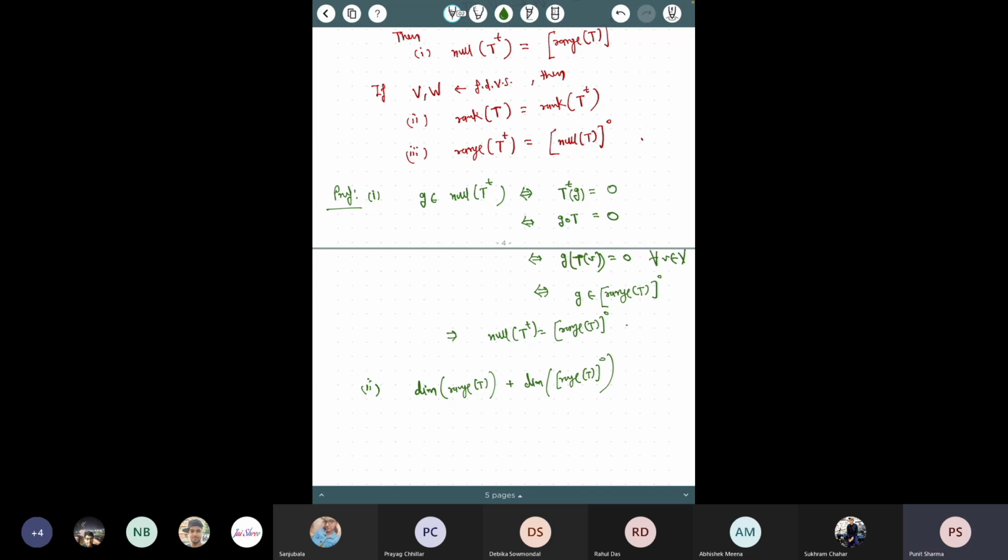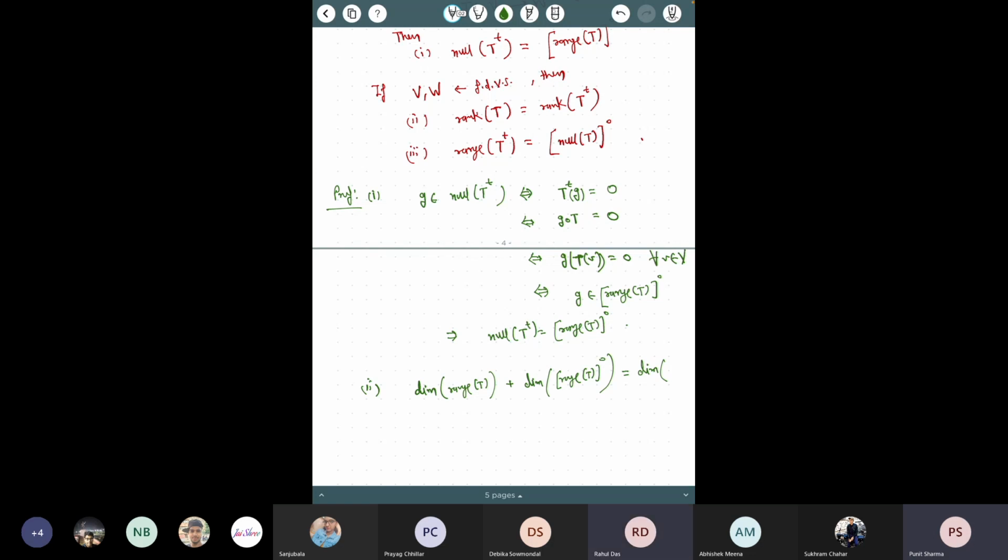So now you look at here, what can I do from here? This is equal to dimension of, can you tell me what would be the dimension of this? It's dimension of W plus dimension of, is it dimension of V or dimension of W?